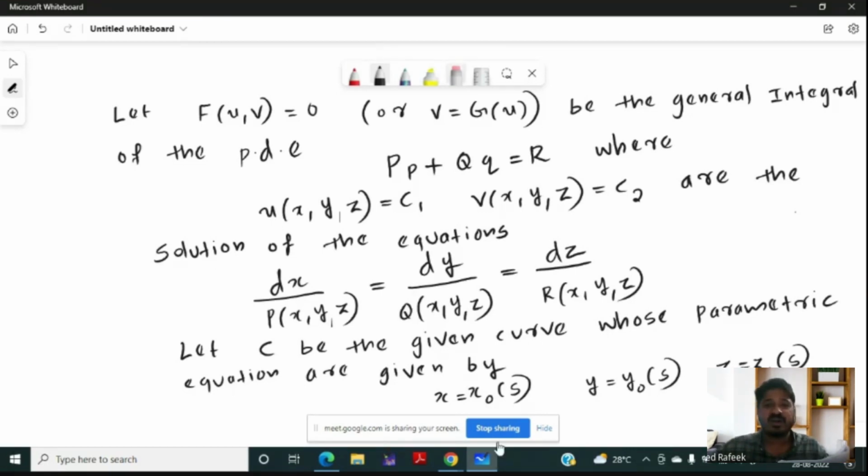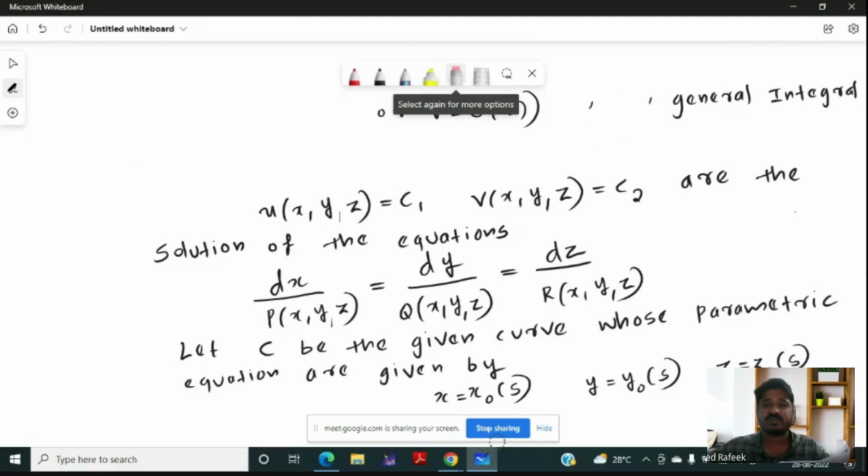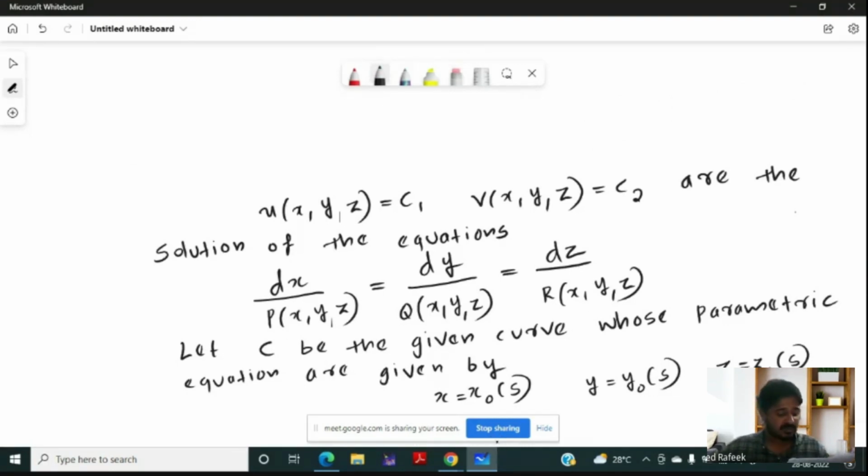Okay, we want to find the particular f such that the surface f of u comma v equal to 0 contains the initial curve C. This is our task.